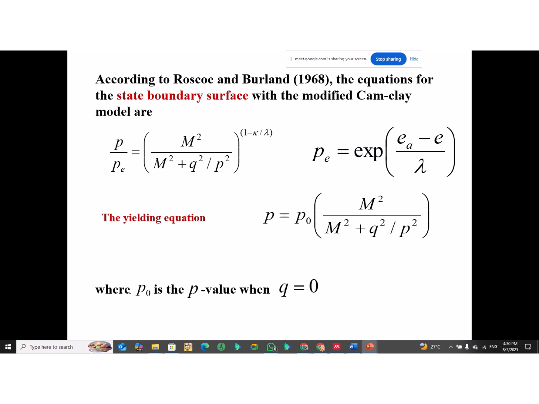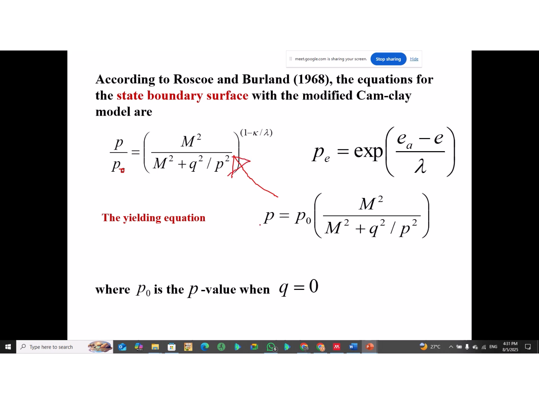So instead of having P, we can have P naught, and the value of Q is 0, and therefore you rearrange this equation and it becomes your yielding equation. What I want you to relate is the yield equation from the, you understand?